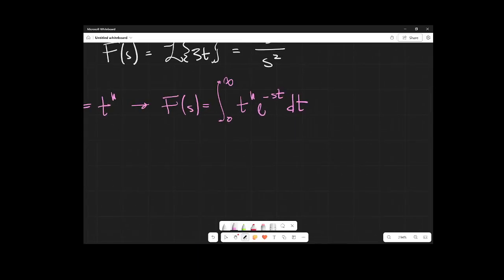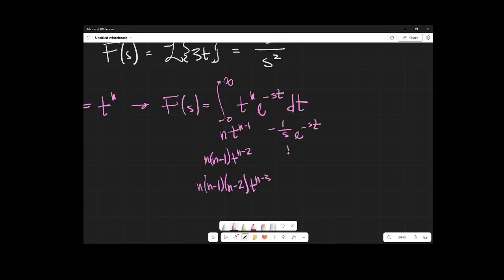All right, let's start doing our integration by parts. Looks like this is going to go on forever if I write it like this, huh?